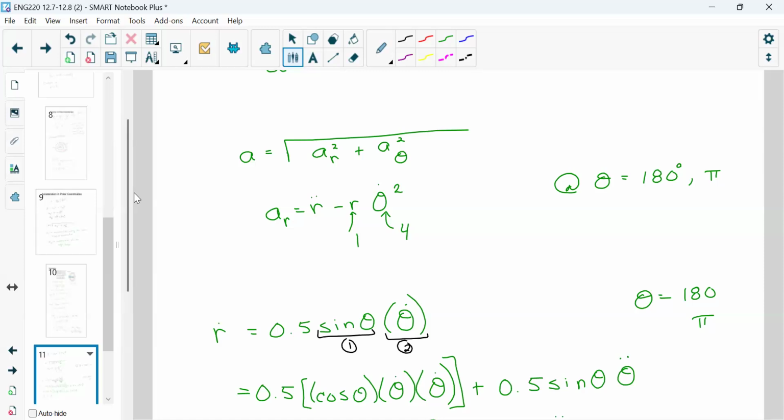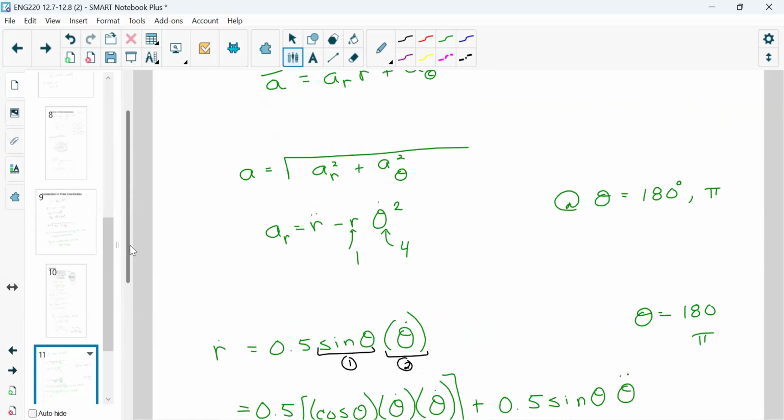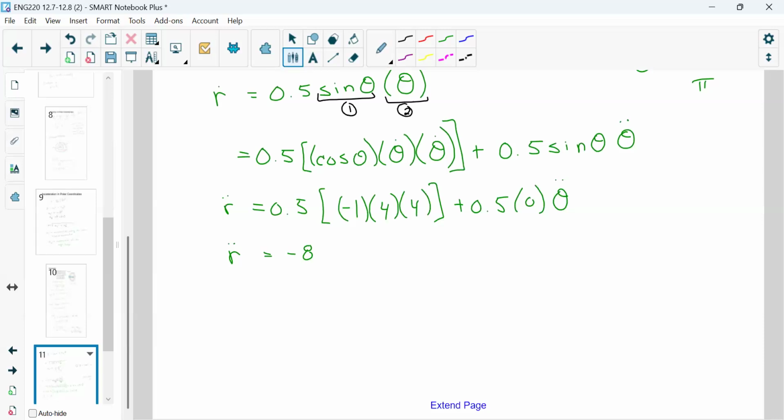We figured out a sub r, that's gonna be r double dot minus r theta dot squared. So this is -8 minus r, which we found at 1, times theta dot, which is 4, squared.